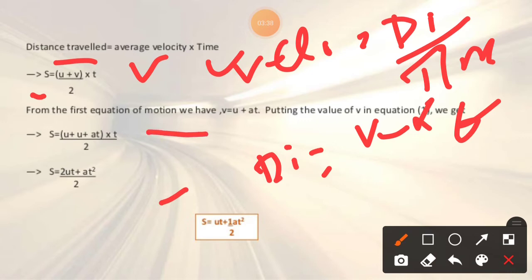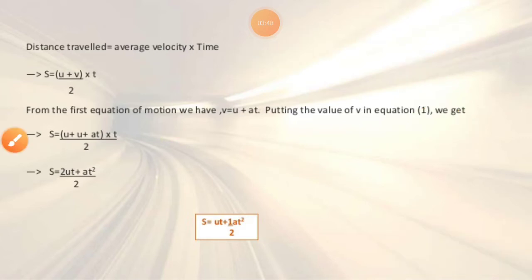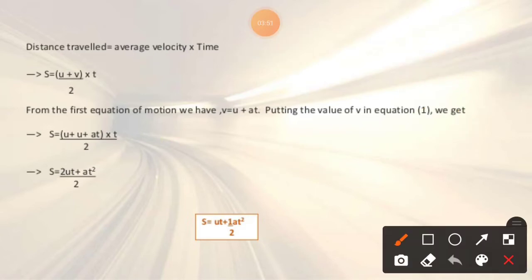From the first equation of motion we have v = u + at. Putting the value of v in the equation, we get s = ((u + u + at)/2) × t. Inside it becomes s = ((2u + at)/2) × t.